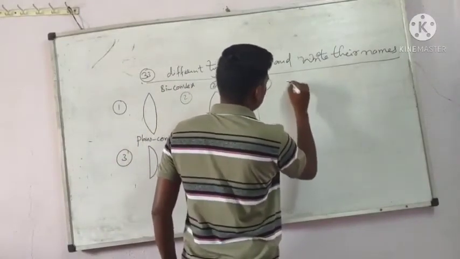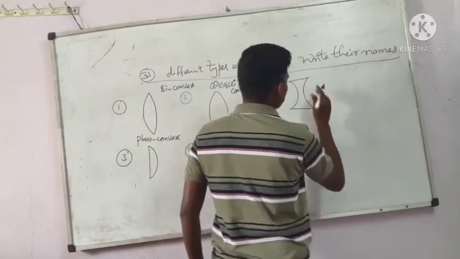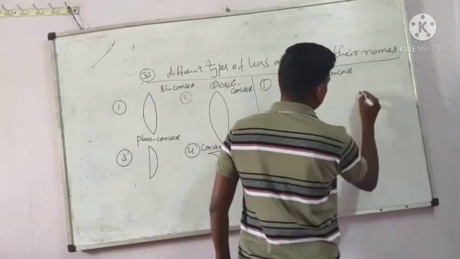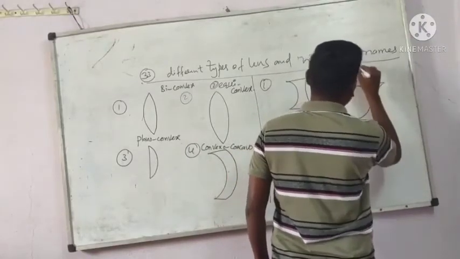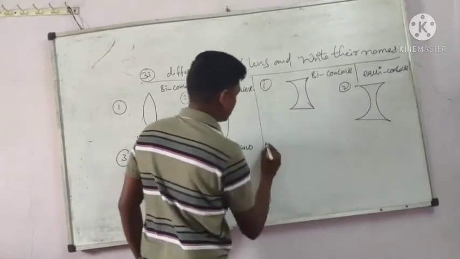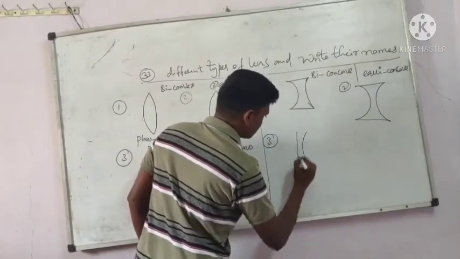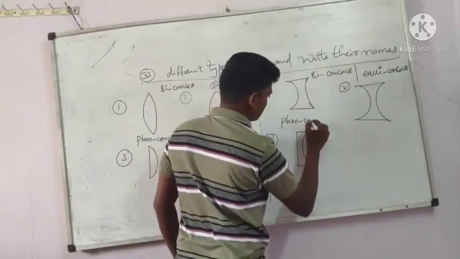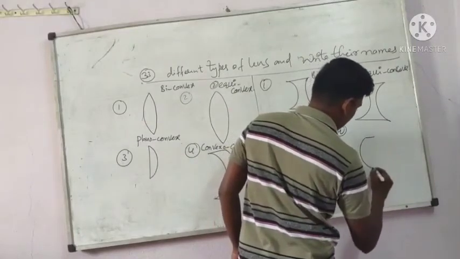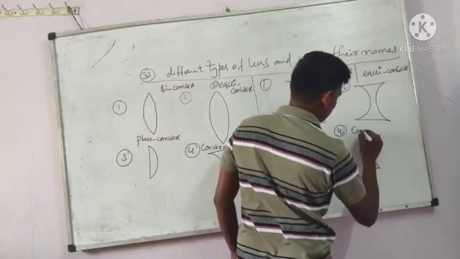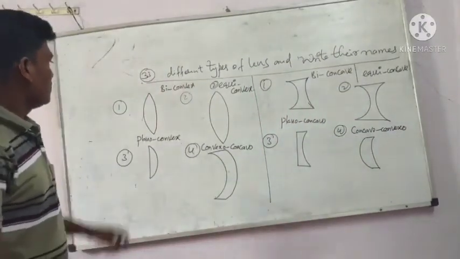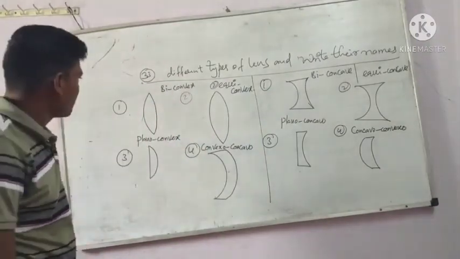Next here, so like this. Convex and concave together have totally four types each.